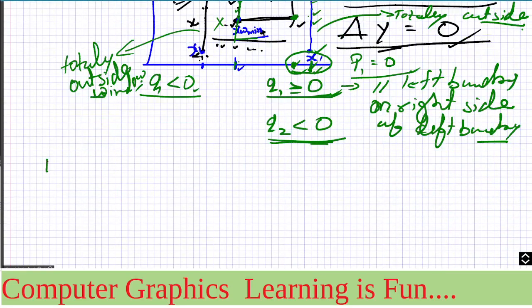If the pk value is less than 0, then if the line is extended, at some point it may come from outside to inside of the window.